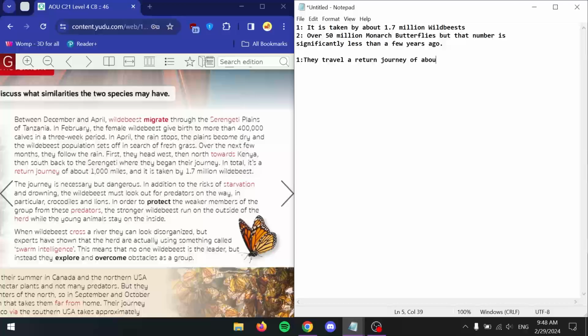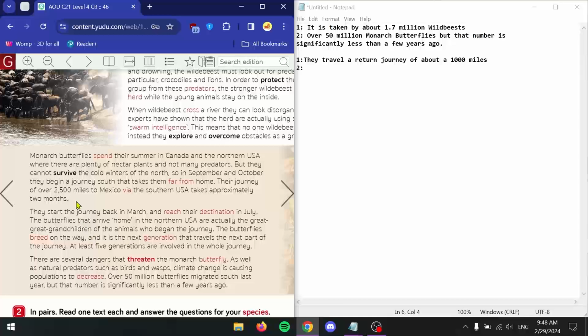And then text 2, here you go. Their journey of over 2,500 miles. So the monarch butterflies go over 2,500 miles. All right, great.